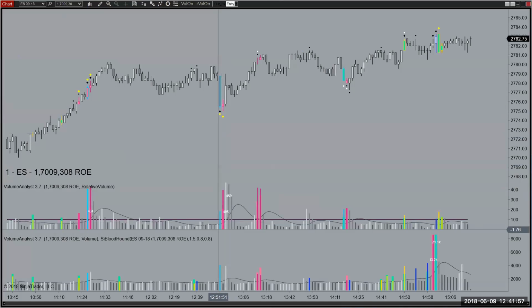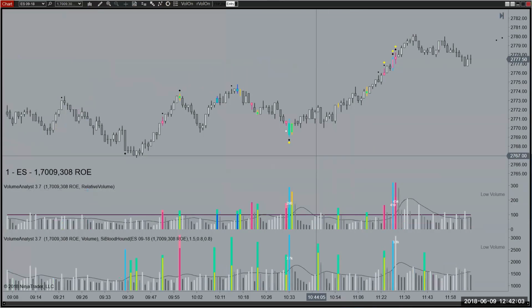Comparing it the way it should be compared. Look at that massive extreme turn bar at that low. Look at this 2-bar pattern there. Yeah, you get a little climax there in the raw volume, but you've got a beautiful 2-bar pattern. That's the main thing that we look for right there.